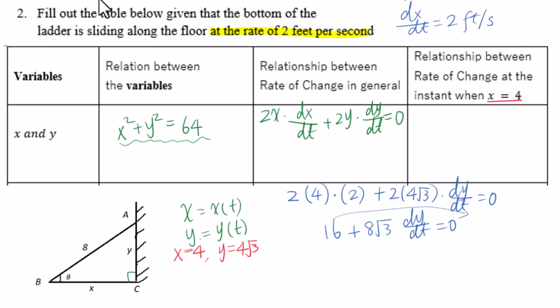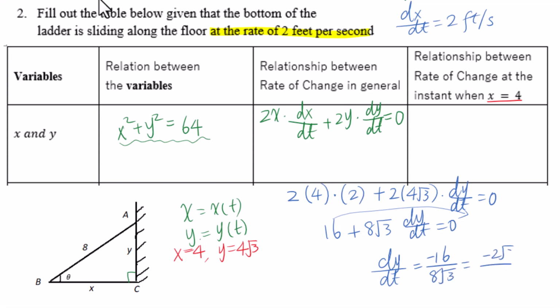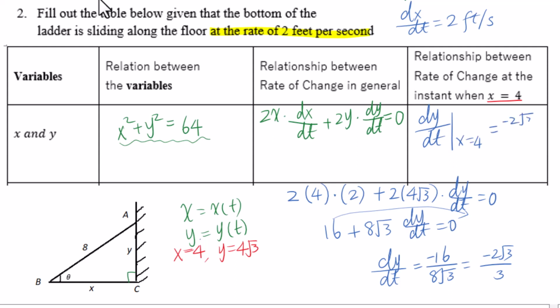Minus 16 both sides, then divide by 8 square root of 3. dy by dt equals negative 16 over 8 square root of 3. That is negative 2 square root of 3 over 3. dy by dt at x equals 4 equals negative 2 square root of 3 over 3.